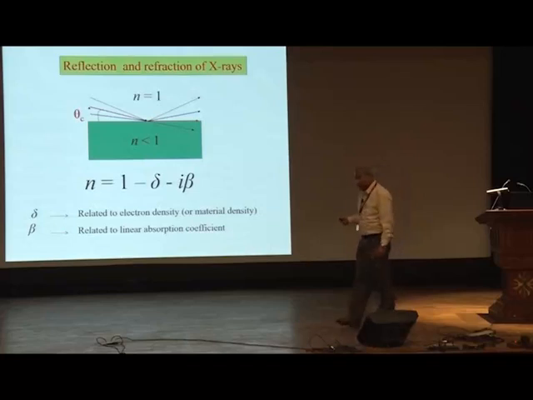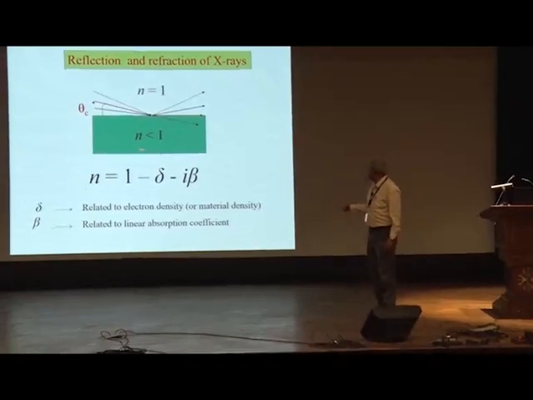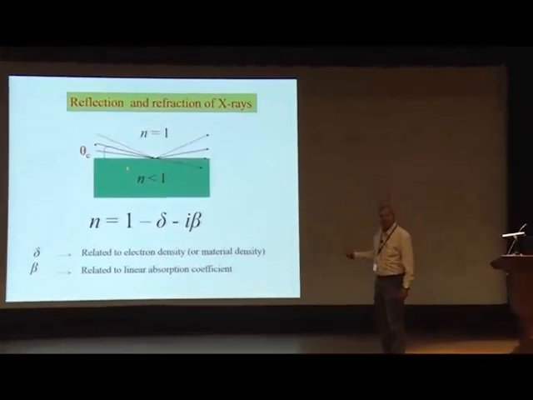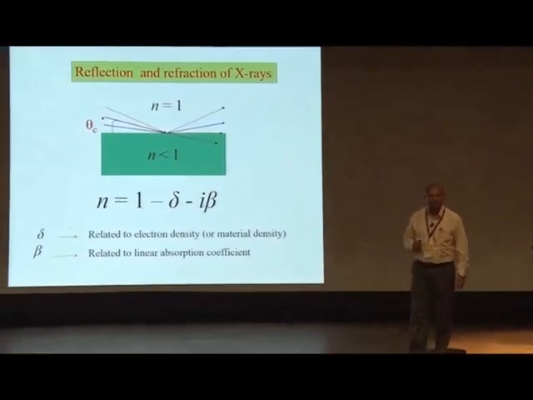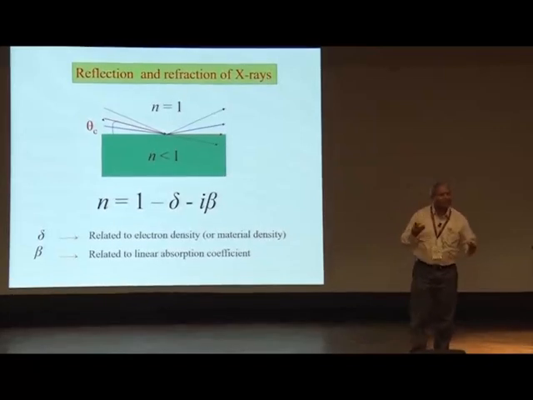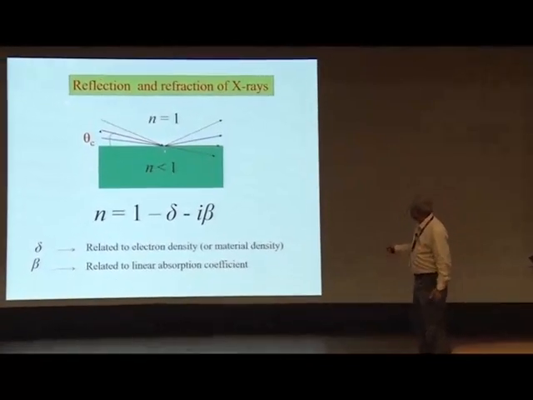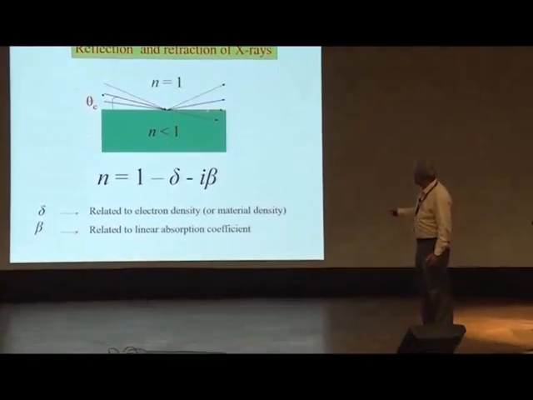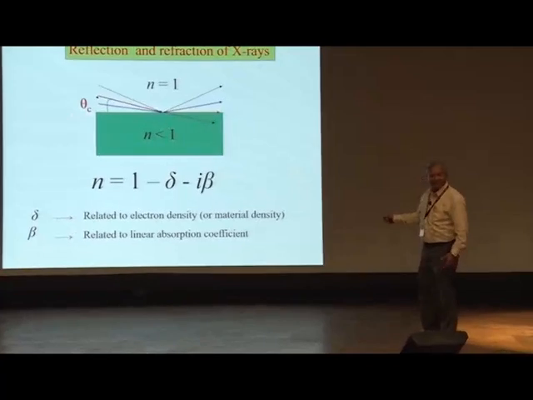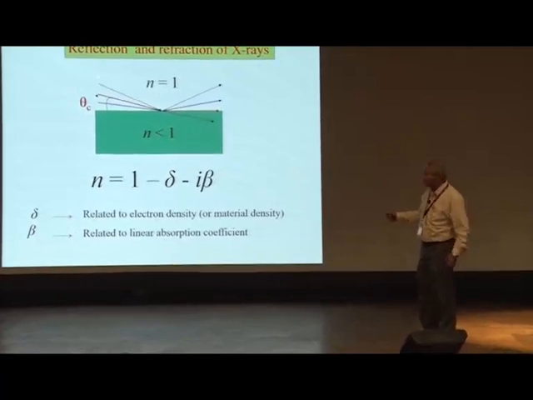So just to give you a brief introduction to X-ray reflectivity: for any material, for X-ray frequencies, the refractive index is less than 1. In optics, you know that for light, it is more than 1, right? But for X-ray frequencies, it's less than 1. So if your incident beam comes in, it deviates away from the normal, just opposite to what you see in optics.